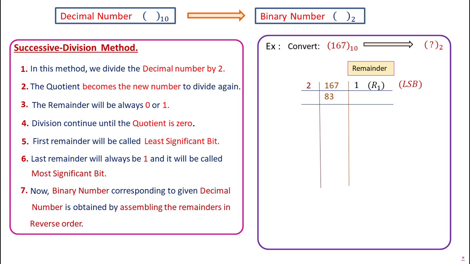Now 83 acts as a dividend and we divide 83 by 2 and we get 41 as a quotient, which we write below the dividend 83 and remainder is 1. Again we divide 41 by 2 and we get 20 as a quotient and 1 as a remainder. We have to proceed until we get quotient 0.